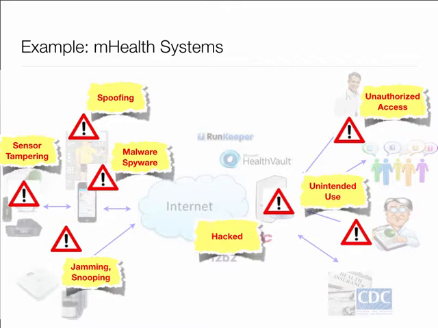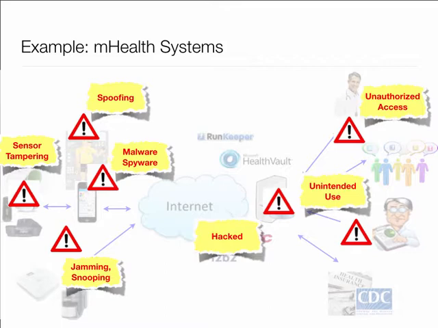Malware, spyware, viruses and stuff like that creeping into hospital systems are very common, and our phones are becoming quasi-medical devices in some cases. Hacking at the back end, unauthorized access, unintended use, all these things which we are used to in our pure software systems are there, except that their effect is far more calamitous in many cases because you're dealing with human life, physical systems, whatnot.